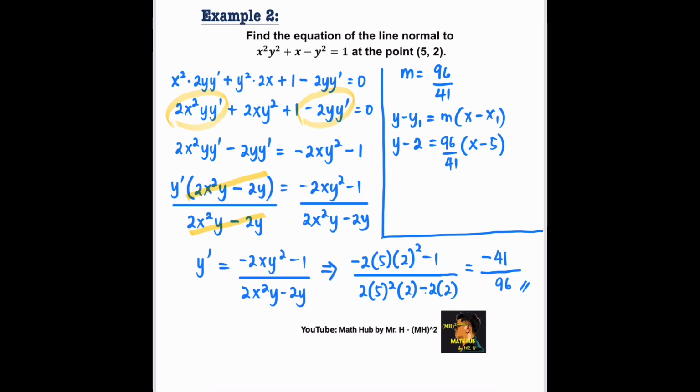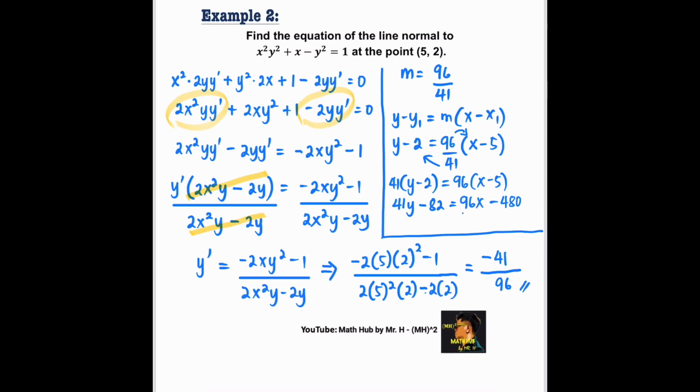All right, so this time we can write the equation in standard form. Since we already got this set up, I can multiply 41 to the left hand side. So it will be 41 times y minus 2 equals, so 96 will be multiplied here. So we apply distributive property here.